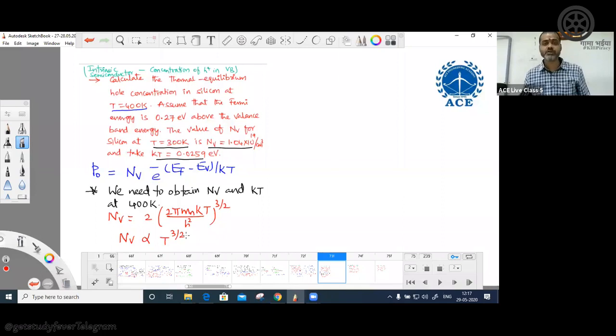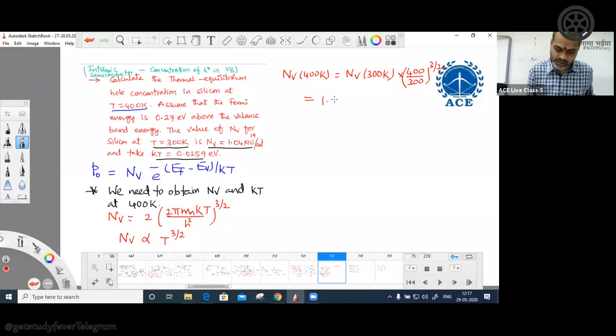So if that is the case, can I say NV at 400K is equal to NV at 300K into (400 by 300) whole power 3 by 2. I am using very simple mathematics. You know NV at one temperature, I am calculating it at the other temperature. Is it fine?